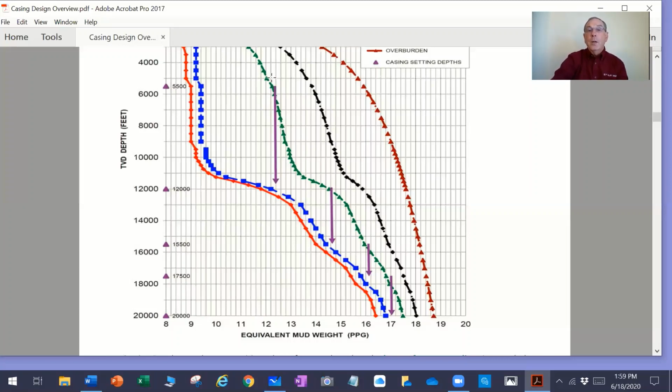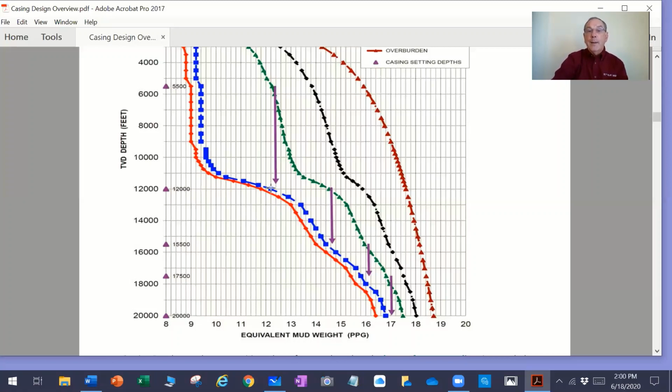Based on these two curves, at 5,500 feet my sand fracture gradient is about 12.4 pounds per gallon, and I can drill as far as I can until my mud weight gets close to about 12 pounds per gallon or so. Then I've got to stop, and I've shown that by setting pipe at 12,000 feet with, it looks like, 12 pound per gallon mud.